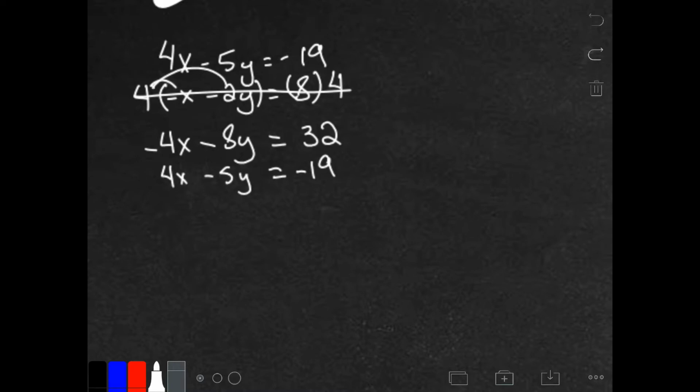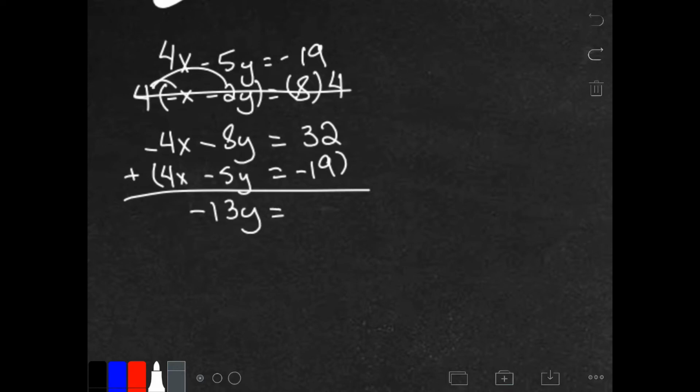Well, we have opposite signs of x, so let's add these equations together. The x's are going to cancel out, and a negative 8y plus a negative 5y gives me negative 13y. And 32 minus 19 is going to give me 13.